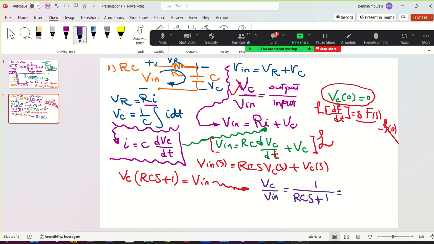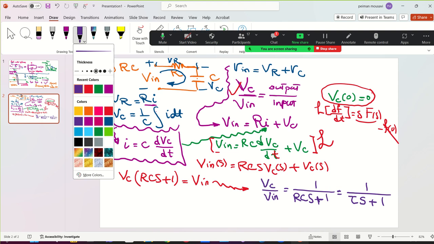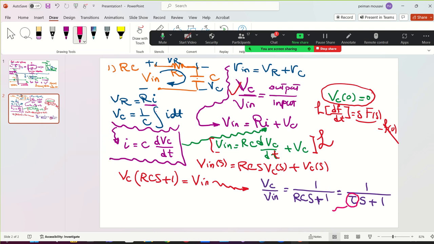So this is equal to 1 over tau s plus 1. Tau has a technical name in control. The name is time constant.